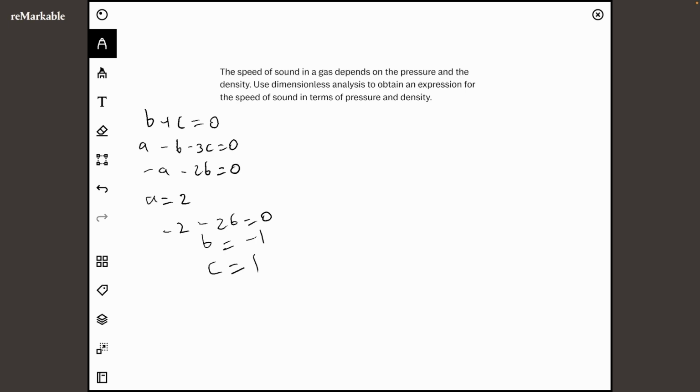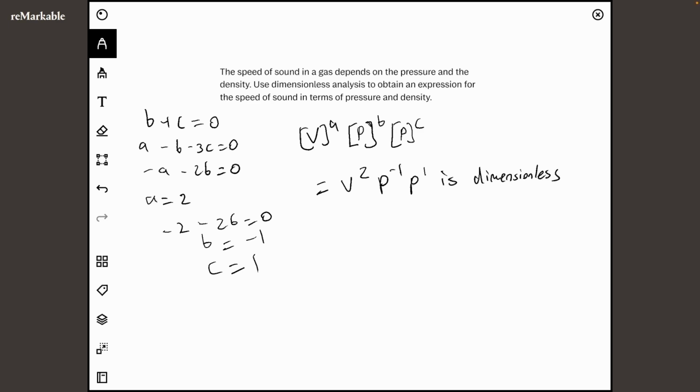Now, if we sub this back into our original equation for v^a P^b rho^c, we would just get from this that v squared P^-1 rho^1 is dimensionless. Now, we're not done just yet, because we can set this to a dimensionless constant k.